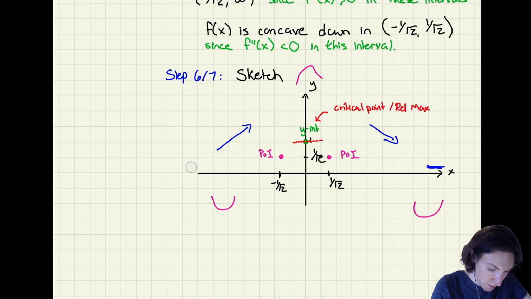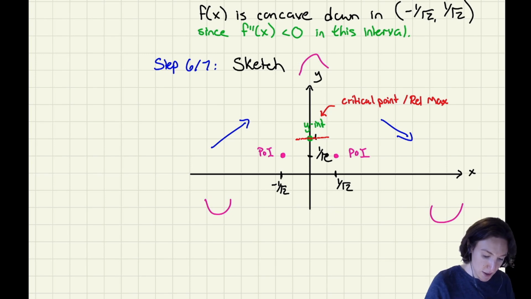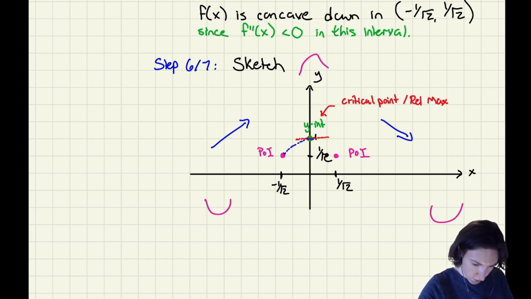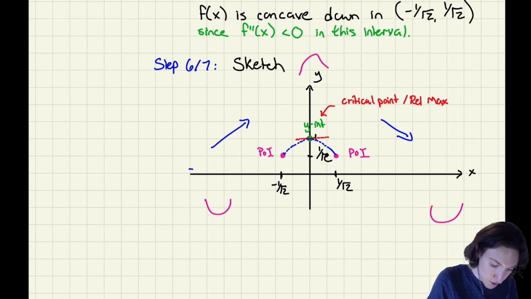What I'm going to do is erase this, and I'm going to do my little dotted method here to make sure I draw it as nicely as possible. I know that it's concave down, so I have a downward shape here. So I'm going to go up to here. I need a horizontal tangent, and then I'm going to go back down. Then I need a concave up shape here. And towards the end, I'm approaching 0.